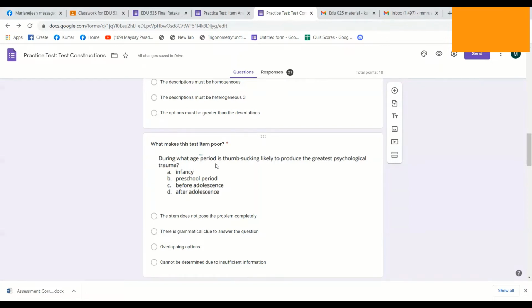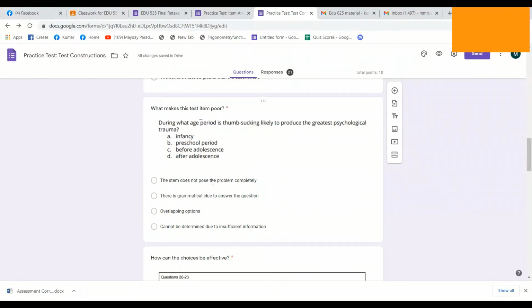In this question, there is already a clue. It is giving a clue. It states here, during what age period is thumb sucking? So thumb sucking is more likely found in children or infants. So my answer here is that there is a clue. So letter B is the answer.